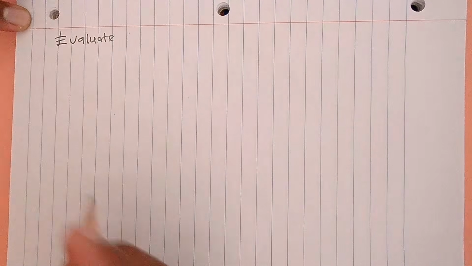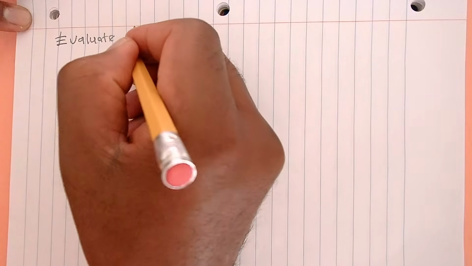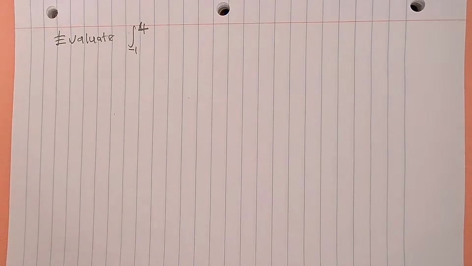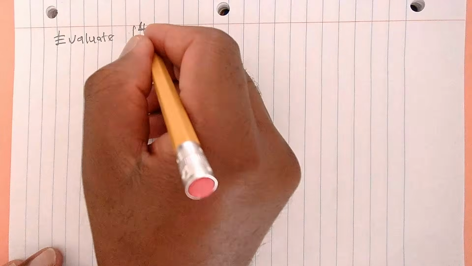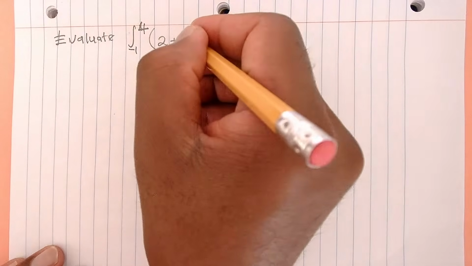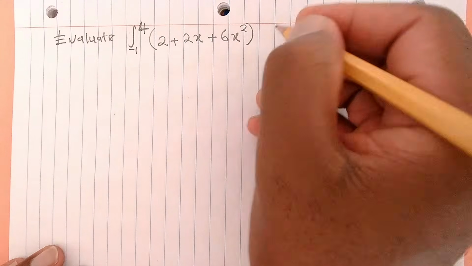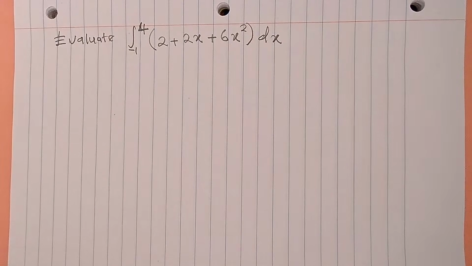Okay, so the next problem says evaluate the integral from -1 to 4 of 2 plus 2x plus 6x squared with respect to x.